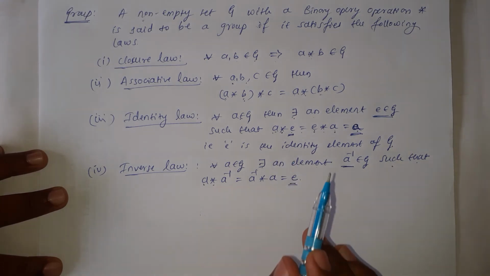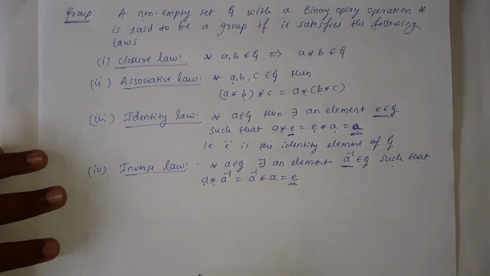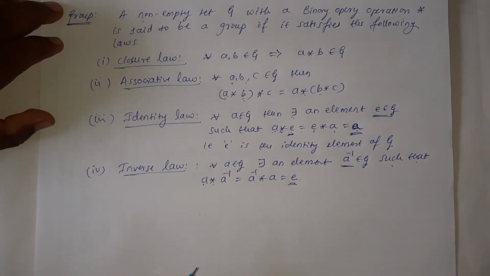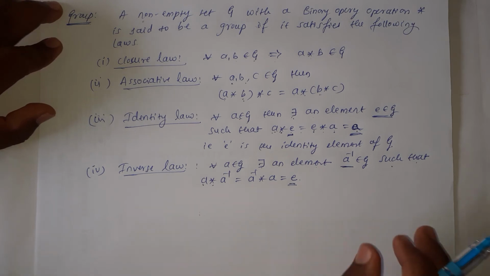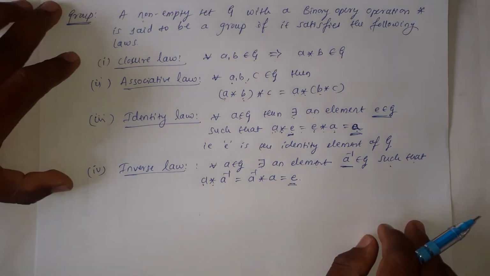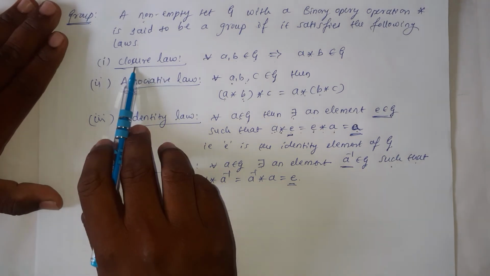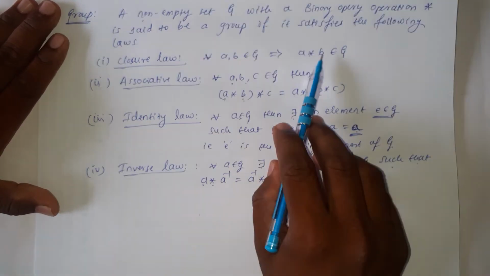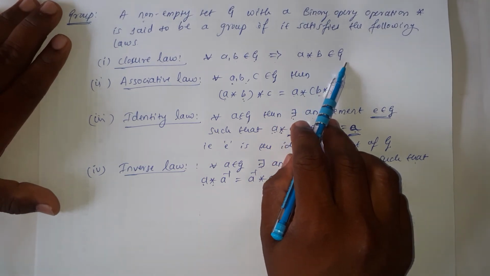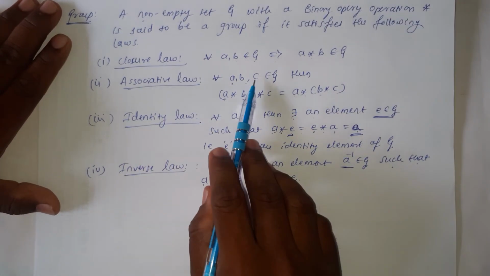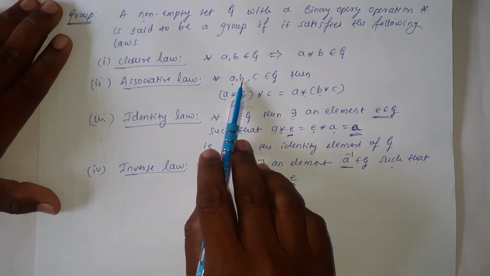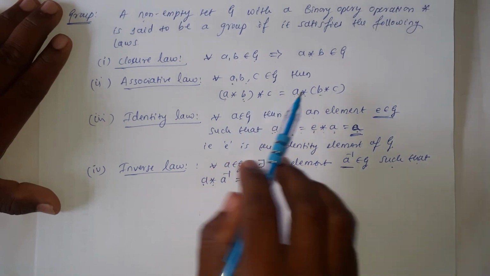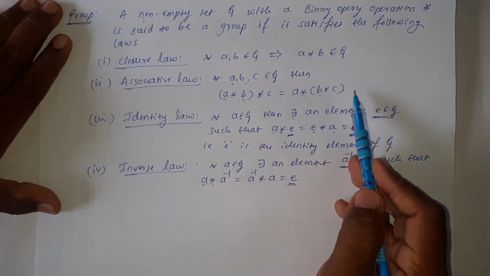So, therefore, here if a non-empty set G with the binary operation star satisfies the 4 laws. The first one is closure law, that is for all a, b belongs to G, it implies a star b belongs to G. Then associative law, here we need to consider 3 elements a, b, c belongs to G, then a star b star c is equal to a star b star c.